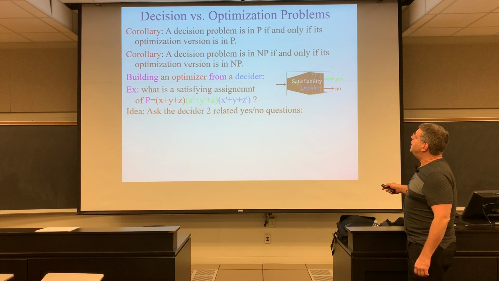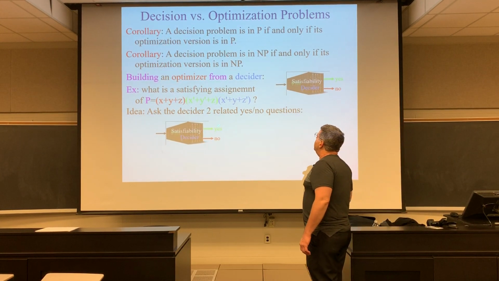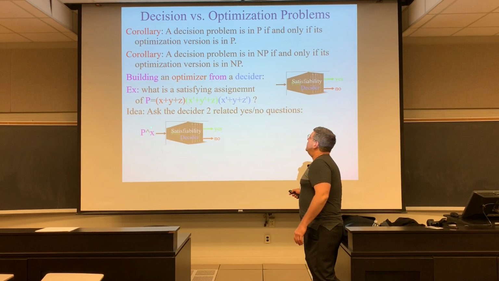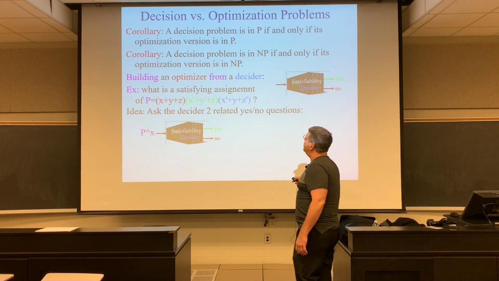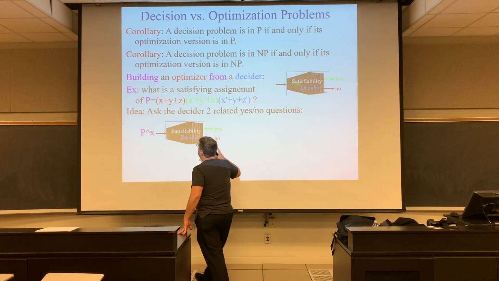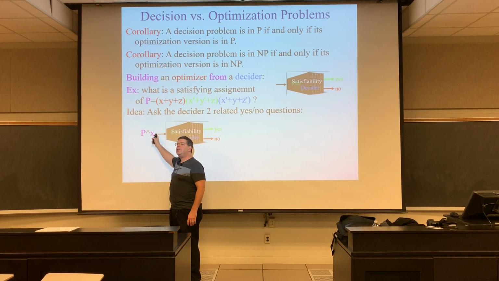So you're going to ask it whether it's satisfiable or not, in separate questions. For example, let's say the formula is called P. So P is equal to this big Boolean formula here. It could be a very large formula. I'm just showing a small example. But you're going to ask the decider, is P and X satisfiable?